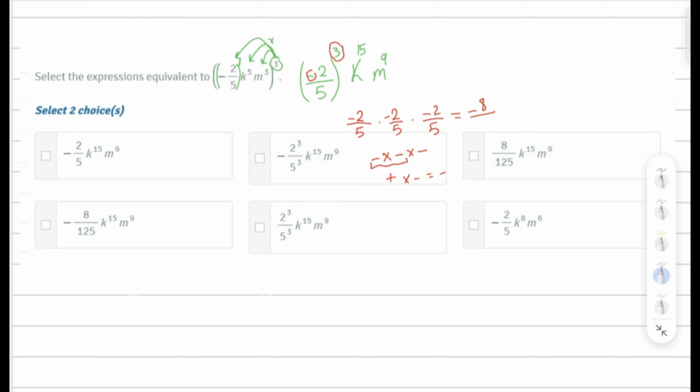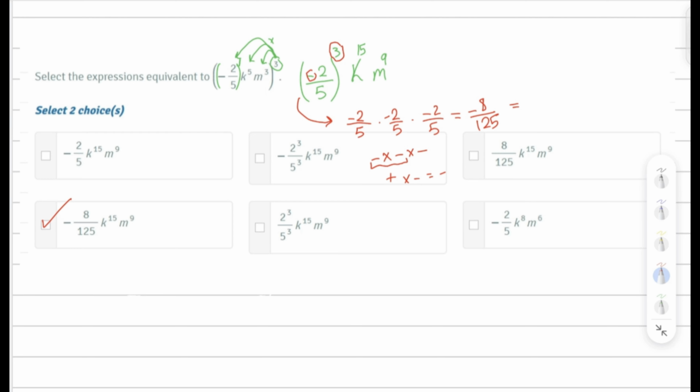Negative 8 over 5 times 5 times 5 is 125. This fraction is equivalent to negative 8 out of 125. So this one is the correct answer.